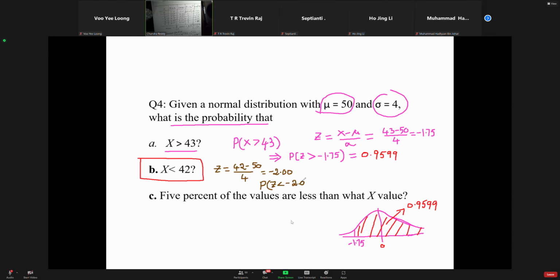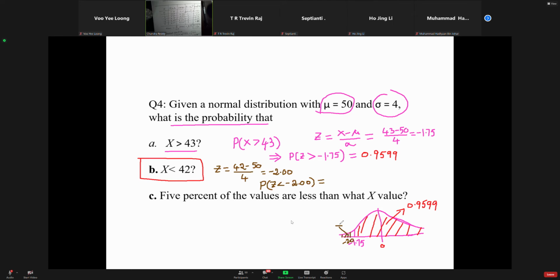In the exams, we expect you to write step by step all the calculations like this. Don't just give the final answers. You need to write all the steps to get full marks. Minus 2.00 is somewhere here, and you are only looking at this area.